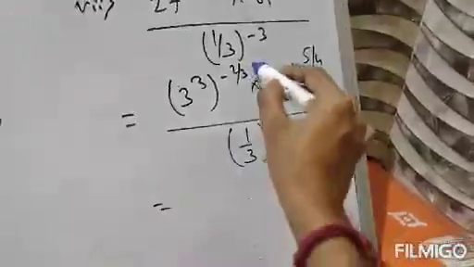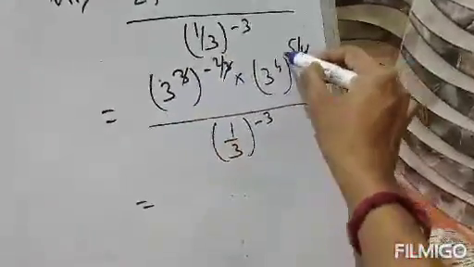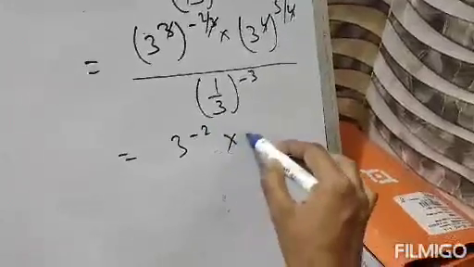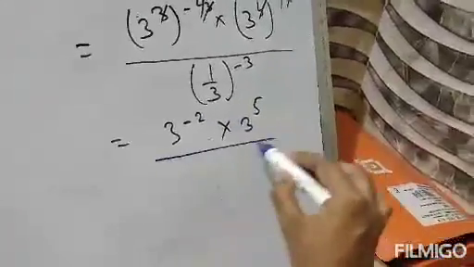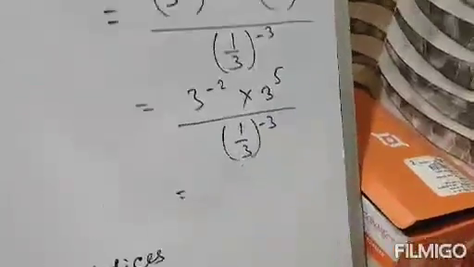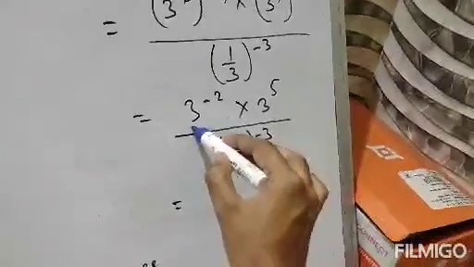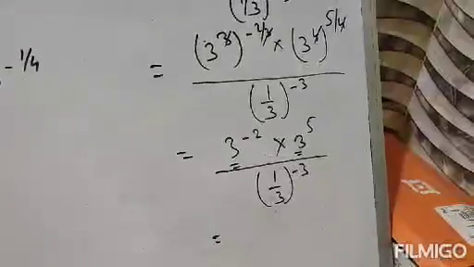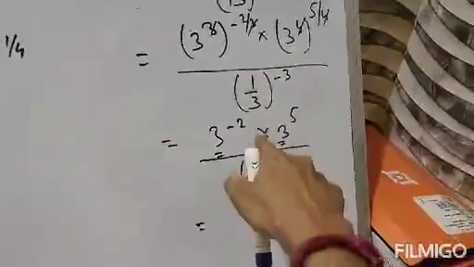So the 3 will reduce, the 4 will reduce, that means this is 3 to the power minus 2, and this is 3 to the power 5, and this is 1 by 3 to the power minus 3. Clear? Now see, here the bases are same, both are 3, and they are multiplied.